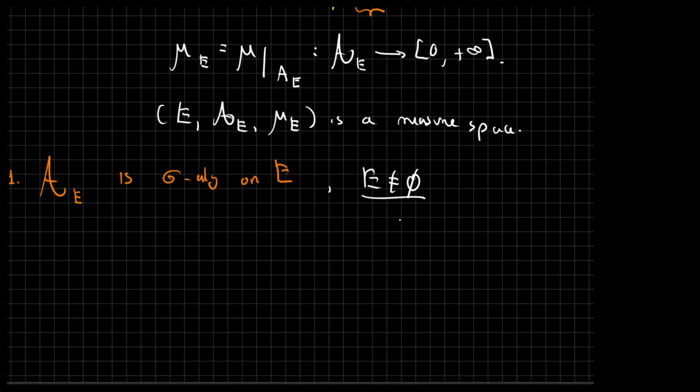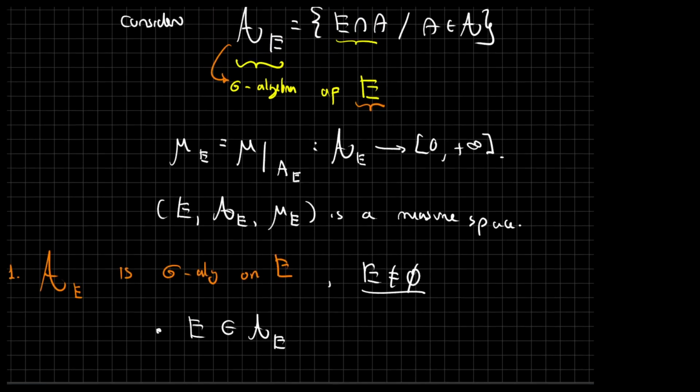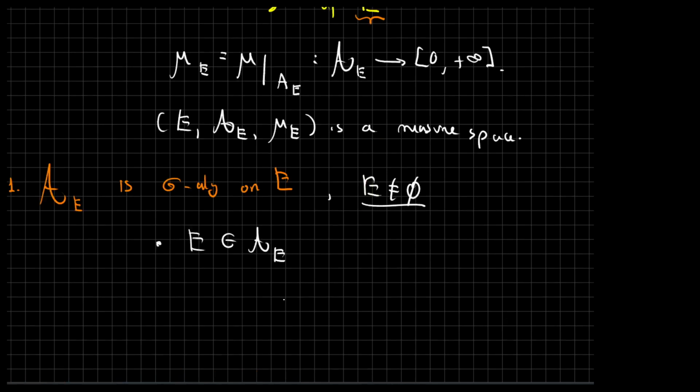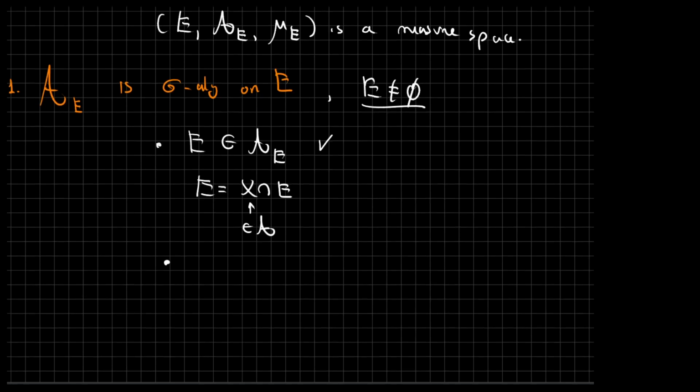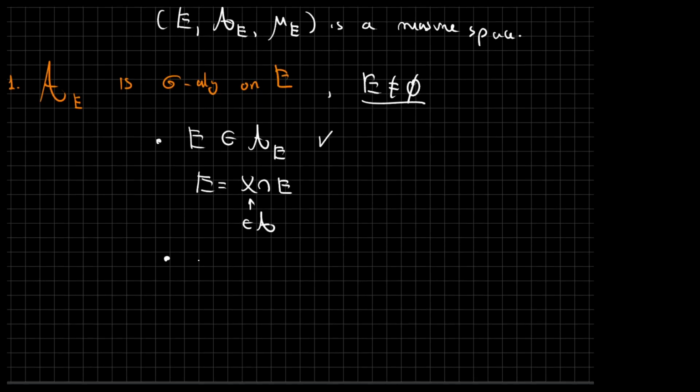So given that this is non-empty, we need to check that E is an element of the set, which, as we saw previously, is indeed the case, because E is equal to X intersected with E, and X is always an element of the sigma algebra. So this holds. The second is that, let's say we have 2 elements A and B that are here. We wish to prove that the difference is still here.